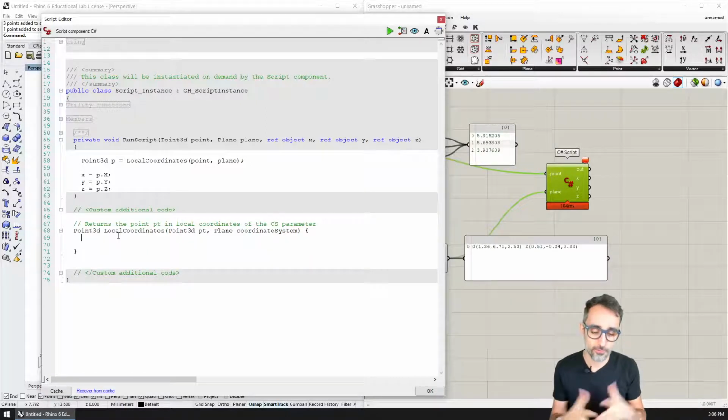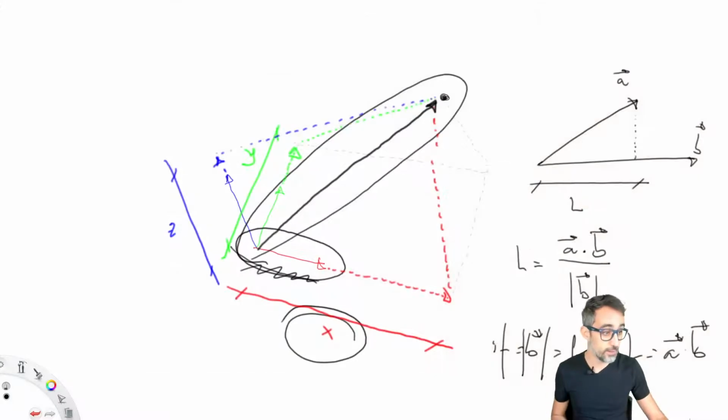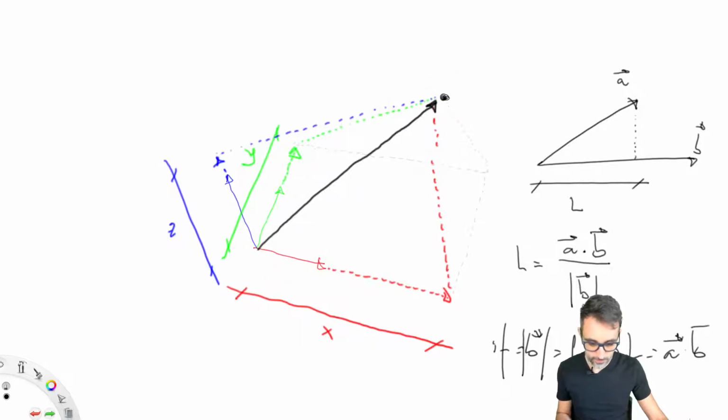Now, what is the next thing that I would like to do? Remember, I have the plane, and what I want to do is, let me clean up a little bit of the mess here. Well, I have the plane, I have the point, so what I need to do first of all is create the position vector, and I need to project that position vector onto each one of the three local axes of the plane.